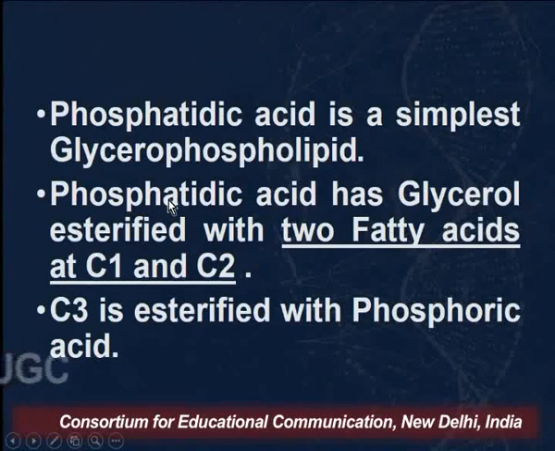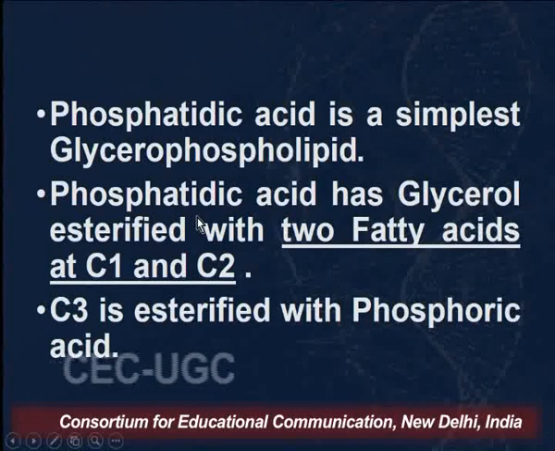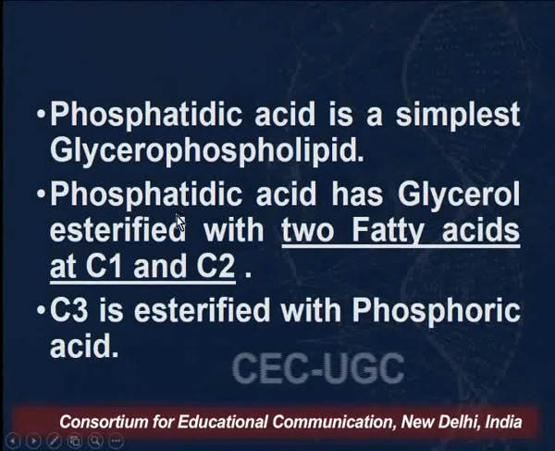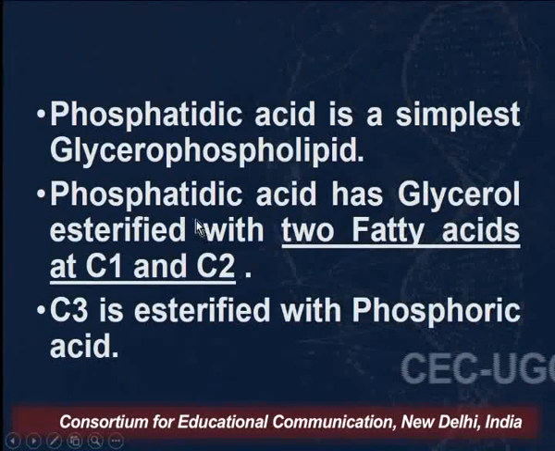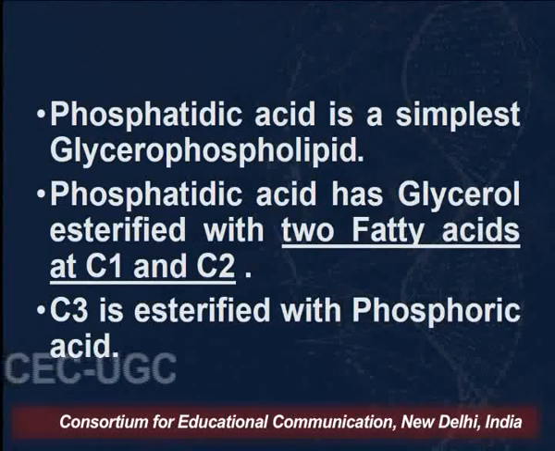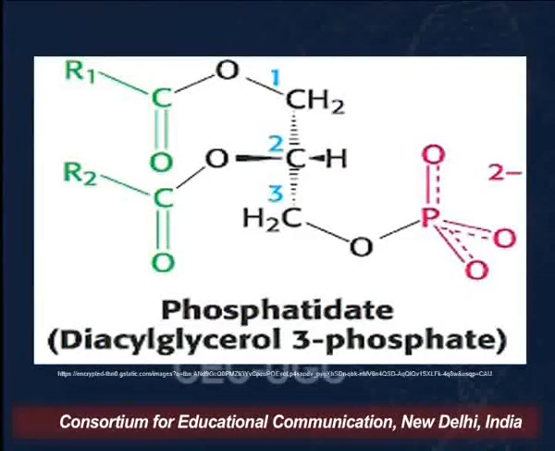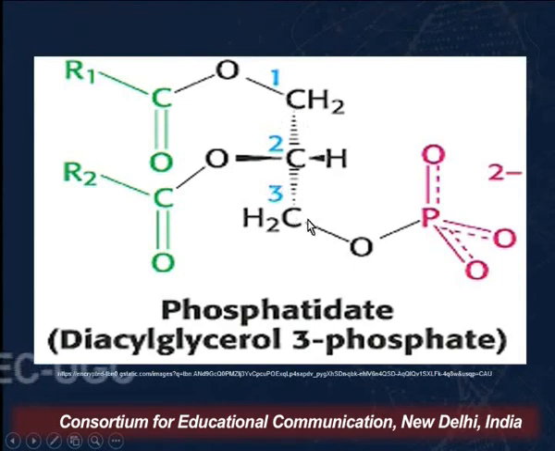In it, as I've already shown you, the glycerol is esterified with 2 fatty acids at C1 and C2, and C3 is esterified with phosphoric acid. As you can see on your screens, this is the glycerol backbone of phosphatidate. Here we have one ester bond, and here we have the second ester bond, so this is diacyl.